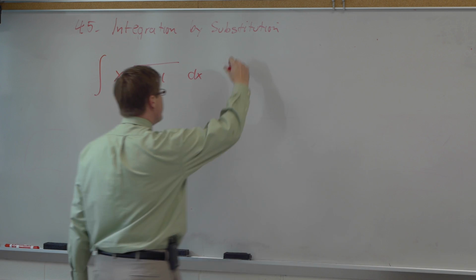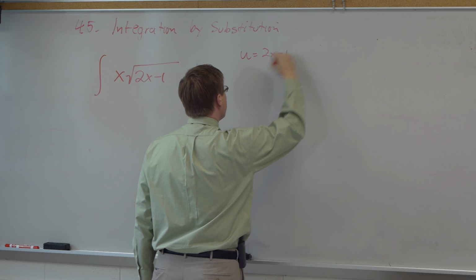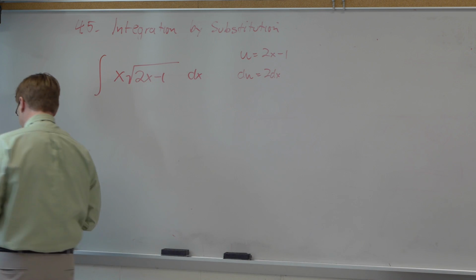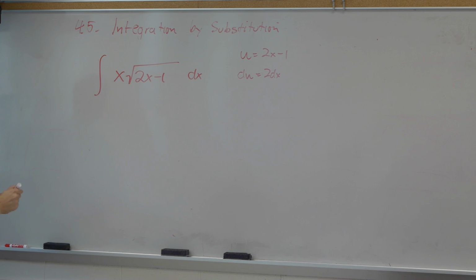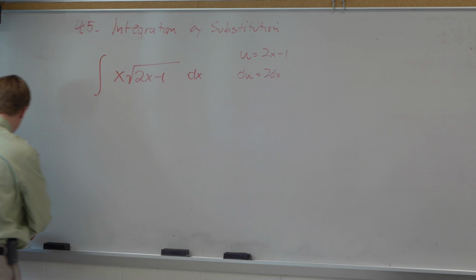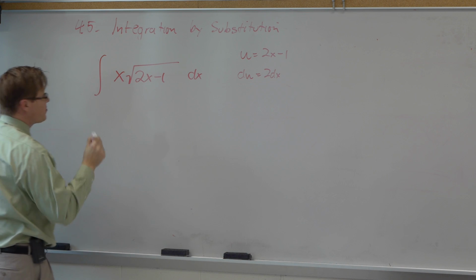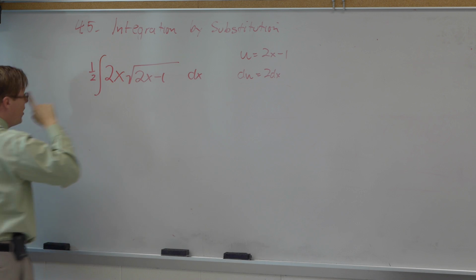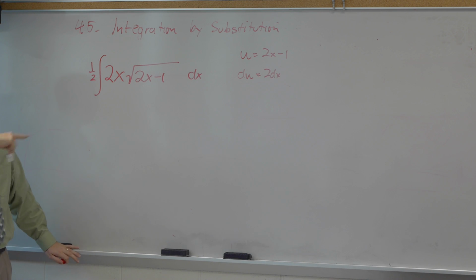So okay, let's try the same u substitution. This turns out to be the right u substitution, but let's see what happens. I still need a 2 and a 1/2. But if I do all this work, what's going to go wrong? You still have an x.